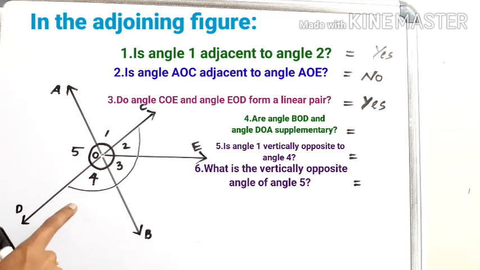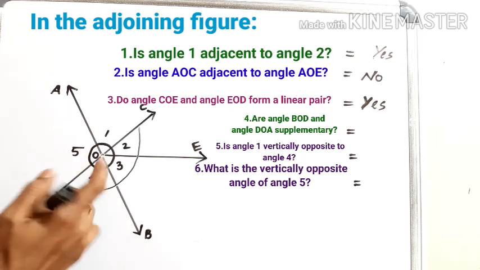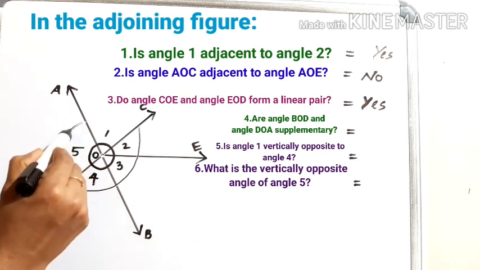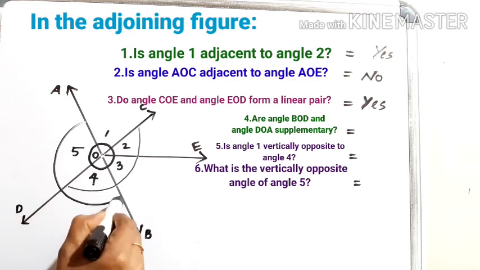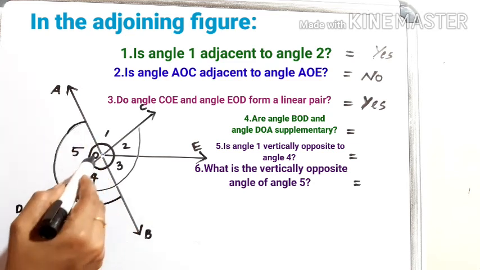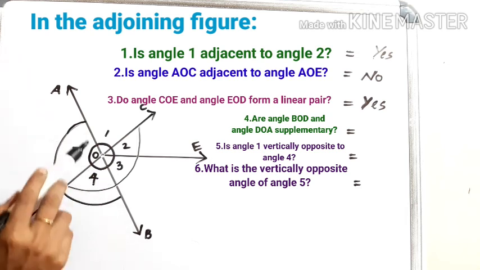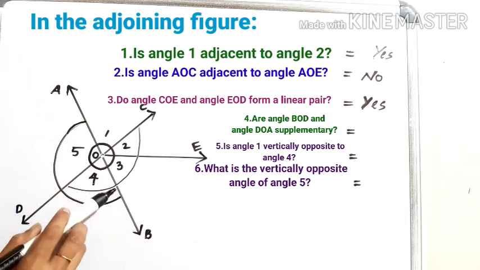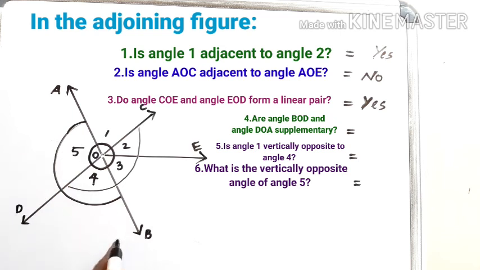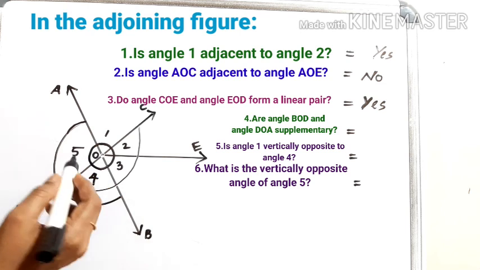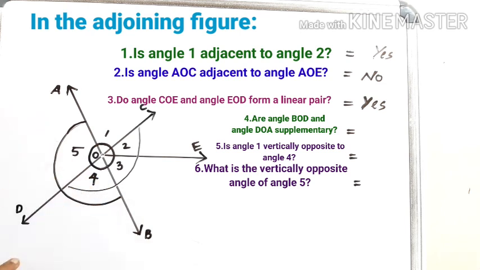From this figure we can understand angle BOD and angle DOA are a linear pair, right? Why? These two are adjacent angles, with non-common arms that are opposite rays. Therefore, adjacent angles BOD and DOA are also an example of a linear pair.